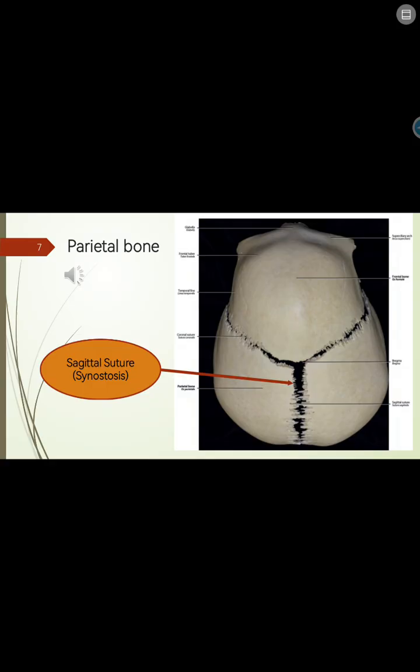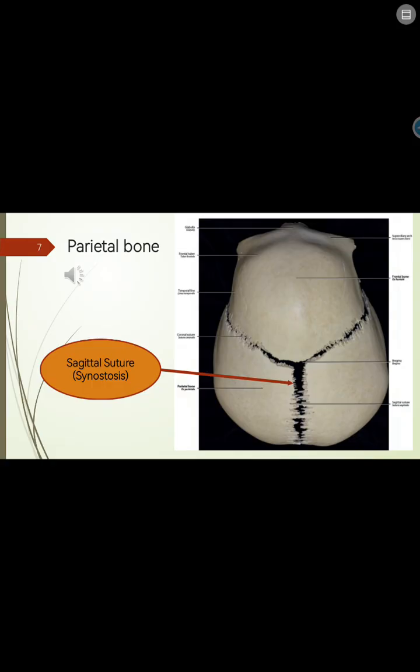Okay, we have a superior view of the skull here. We have two sutures, the coronal suture and the sagittal suture. The coronal suture, as I mentioned, is the articulation between the frontal and parietal bones. And the sagittal suture is a line where one parietal bone articulates with the opposite parietal bone.